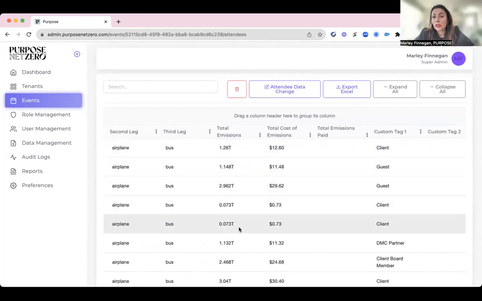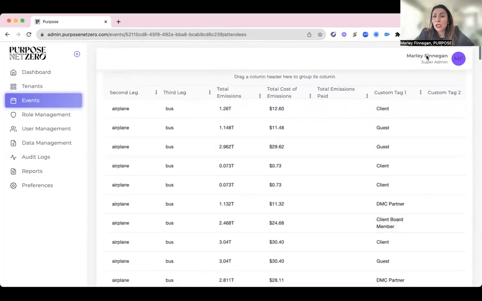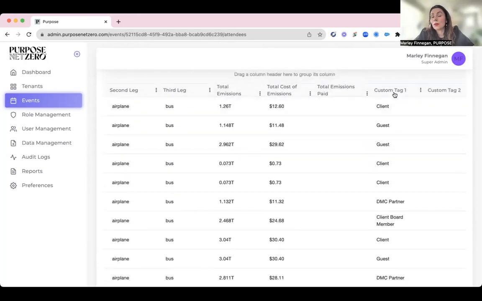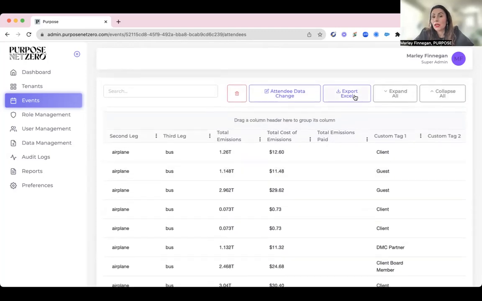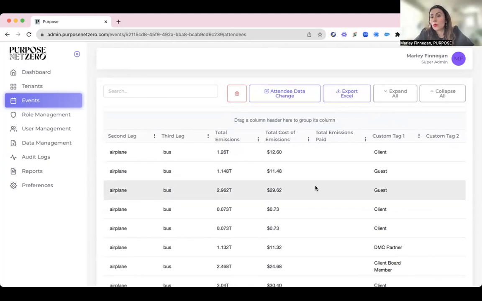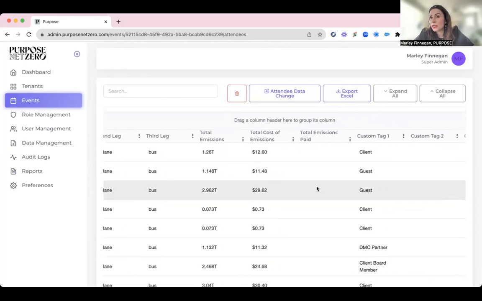And ultimately, we calculated the emissions of every single person. We use this great custom tag, so you can actually say this is a VIP client, this is a staff member, this is whomever, so you can subcategorize these. What's really cool is that we can drag and drop to pull and export data to Excel, even seeing, oh, we have a ton of people coming from XYZ city.